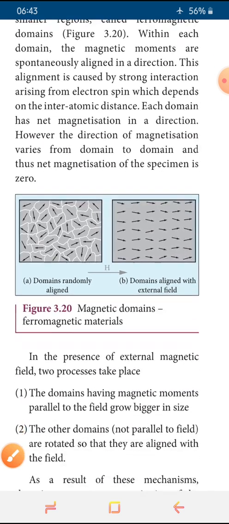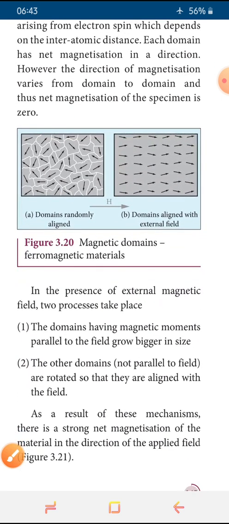Next we will see the condition under the external magnetic field. There are two processes that take place. One is that the domains having magnetic moments parallel to the field grow bigger in size. This is the first process.